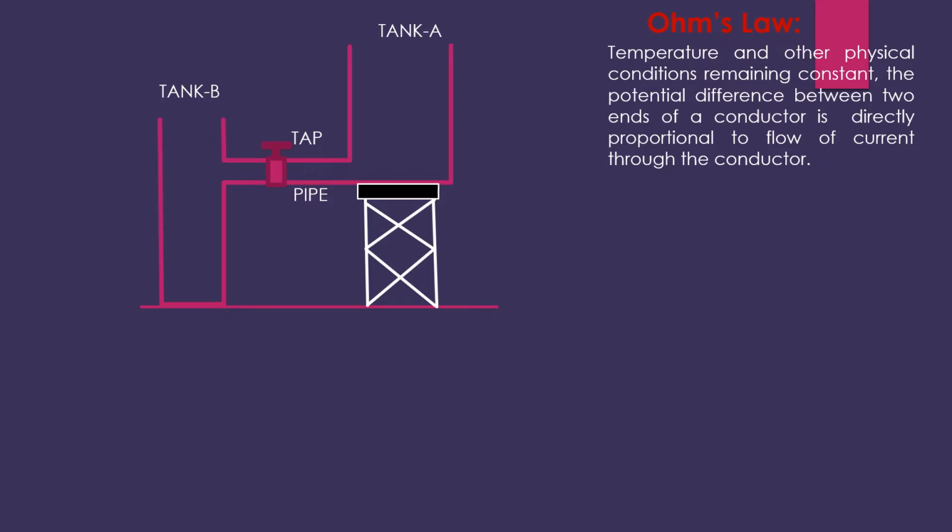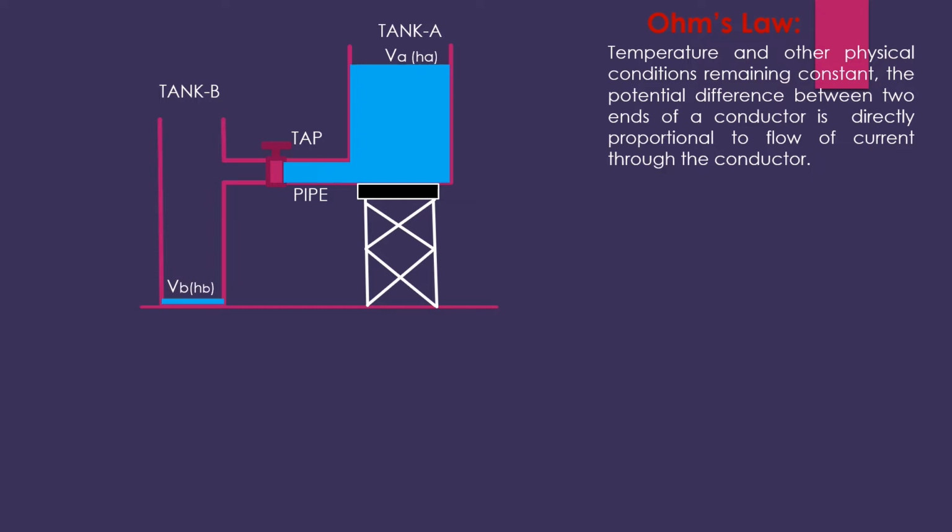When the tap is closed, the water from tank A will not flow to tank B, and we all know it. The upper level of water at tank A is VA and at tank B is VB.